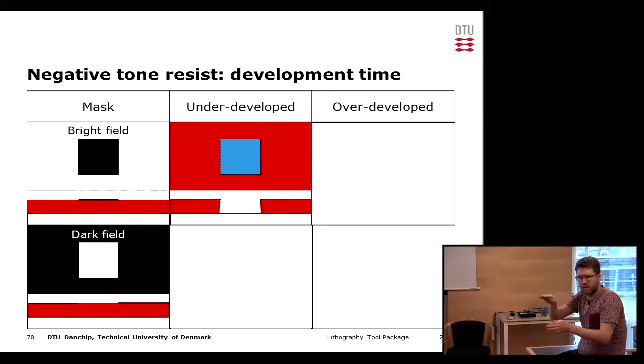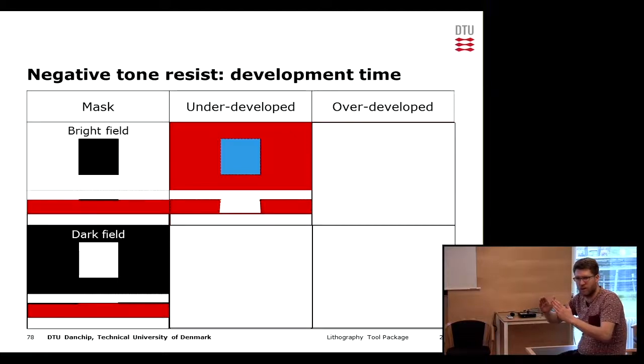So this would develop easily in the developer. On the edges, it's fully exposed on the top, and almost fully exposed on the bottom. So initially, nothing happens, and then after the development is done there, it starts to do the sidewall angle.